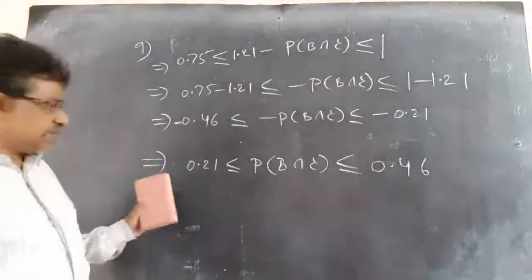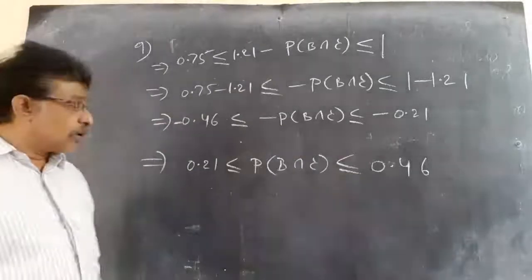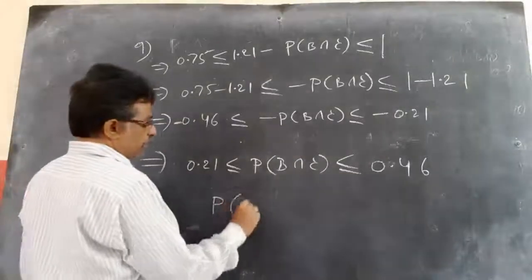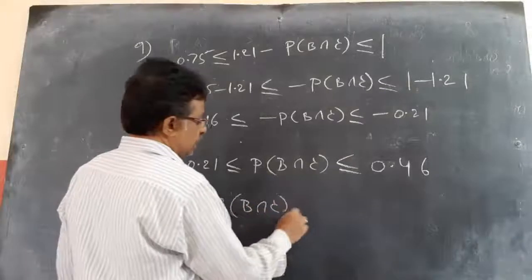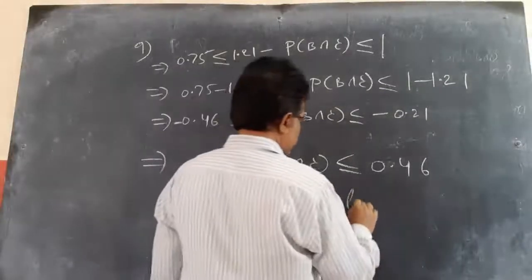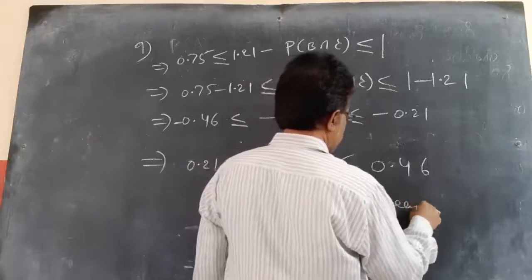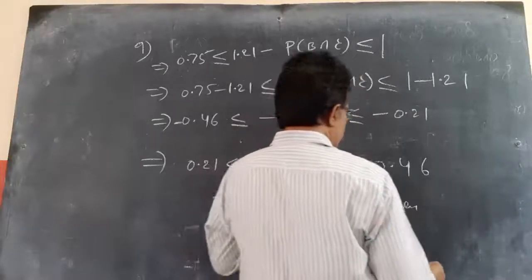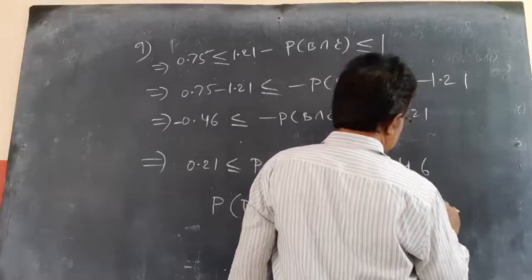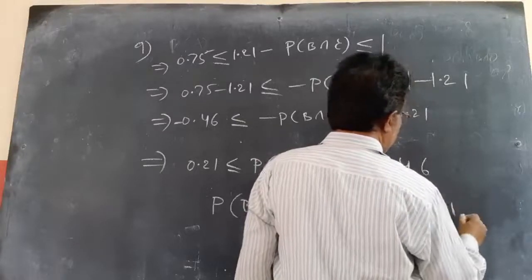Means P of B intersection C always lies between these two, including the two. Means P of B intersection C lies between 0.21 to 0.46.